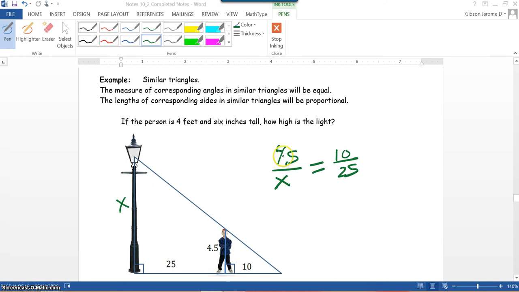So now we cross multiply 4.5 times 25 is equal to 10 times x. 4.5 times 25 would give 112.5.